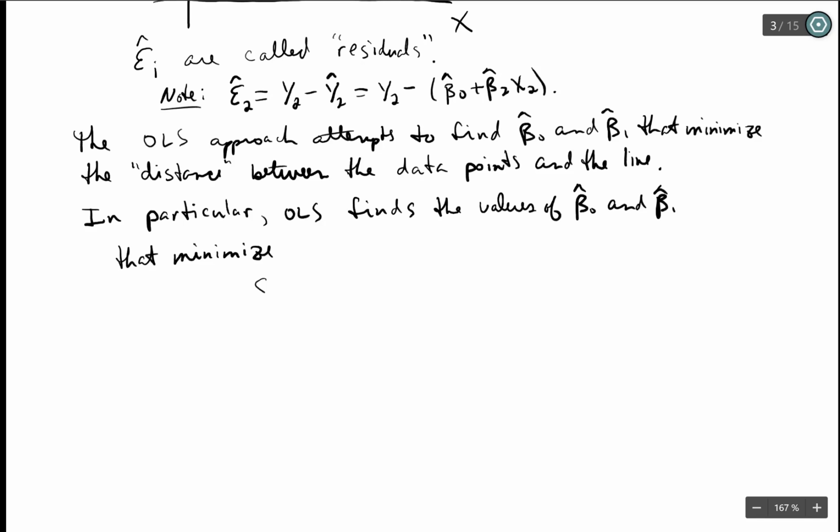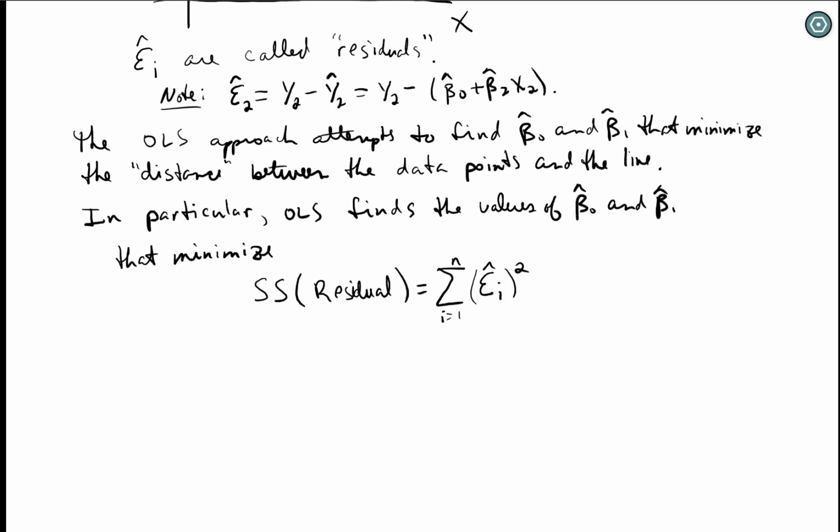a function. Your book uses this notation, SS residual, which stands for the sum of the squared residuals. It looks at each residual, squares it, and adds them up, 1 through n. If you want to rewrite the residual, it is the response minus the fitted value, yi minus yi hat, squared, and then of course we're summing 1 to n.